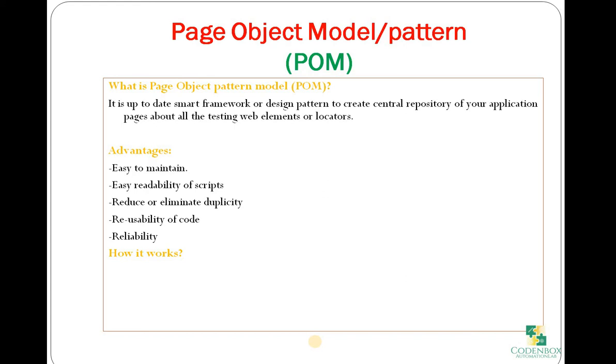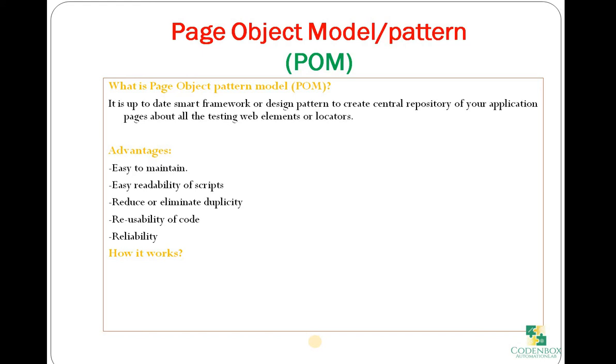Instead, you can just go to one place. If all the elements are in one class, you can just change it there, and there is a method related to this web element. You just use that method to call or use the related web element, so you don't have to go to 20 different test cases to change each and everywhere, like you would if you did a hard code for this specific web element that changed.